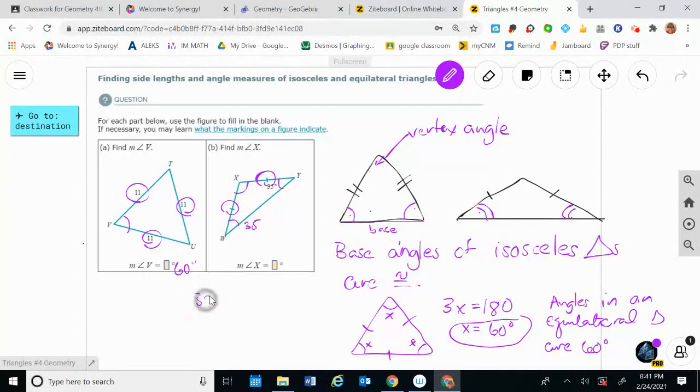Well, 35 plus 35 plus X is equal to 180. Combine like terms, 70 plus X equals 180. Subtract 70, you get 110. So X is equal to 110. So you're always going to be using that whole 180 thing that we've been working with.